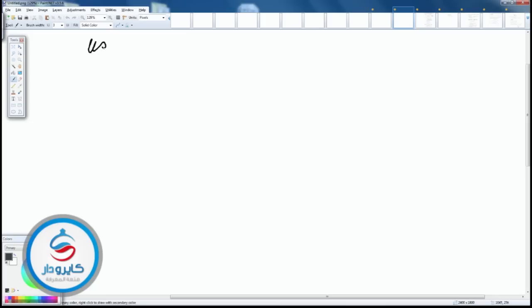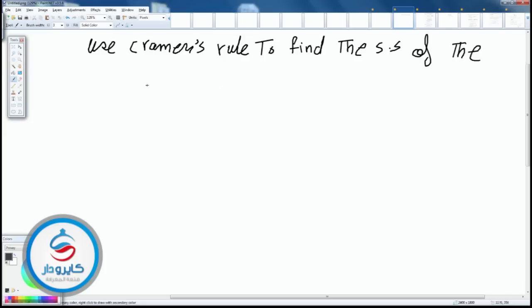Use Cramer rule to find the solution set of the following equations.